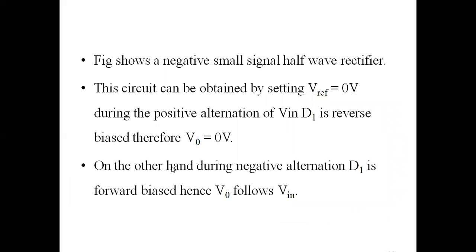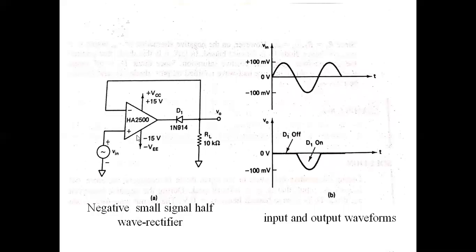On the other hand, during the negative alternation, diode D1 becomes forward biased, and once again the op-amp acts as a voltage follower because of the high open loop gain, almost around 10 to the power 5.